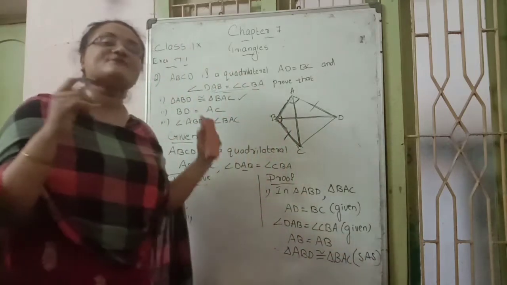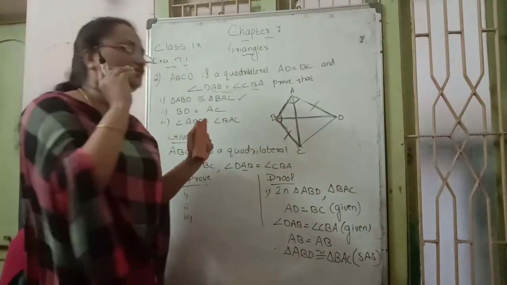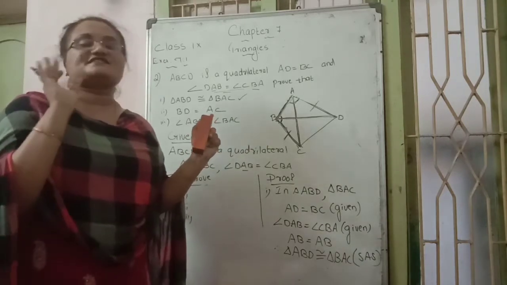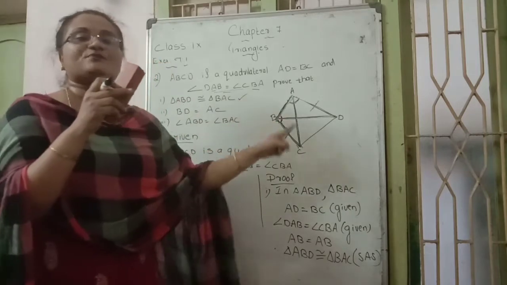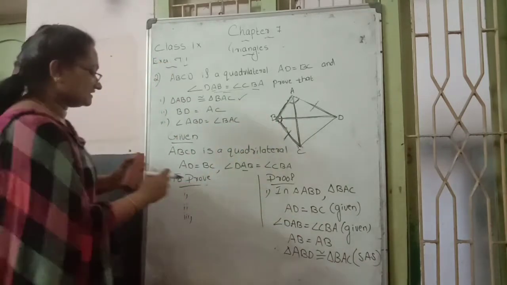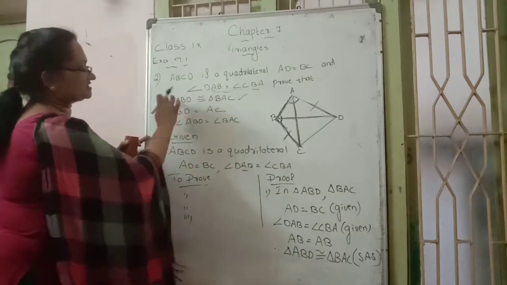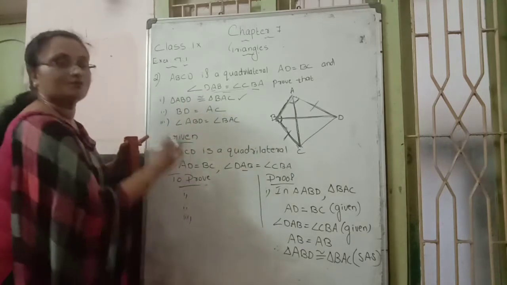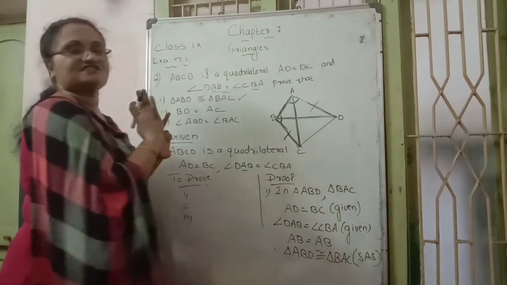So we can say that the 2 triangles are congruent using the SAS property. I hope you can understand the first case. So we proved the first case. These 3 conditions are what we need to prove the case. I hope you understand how to prove the first case.